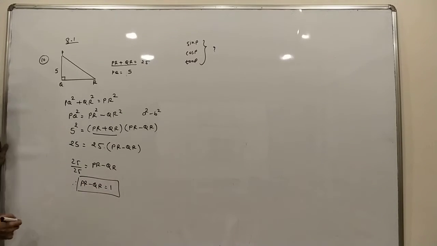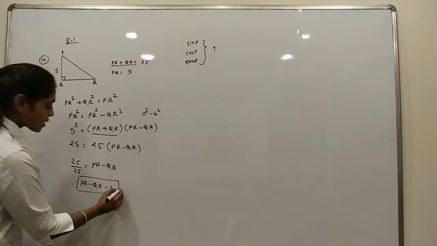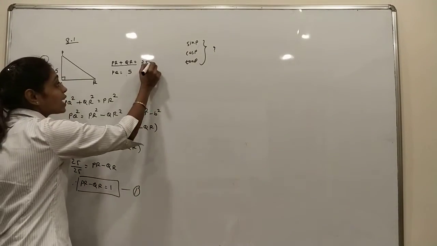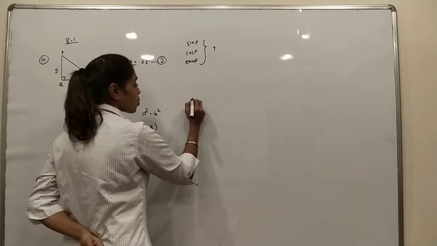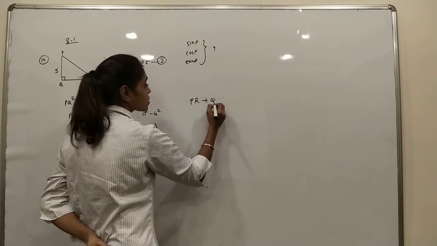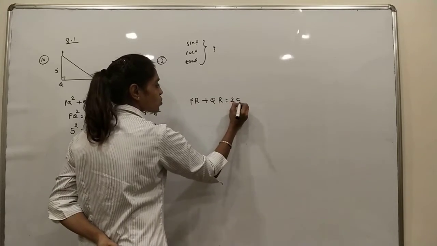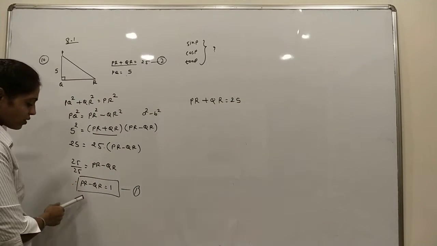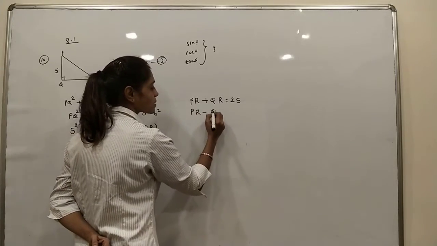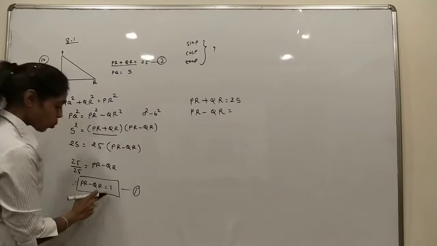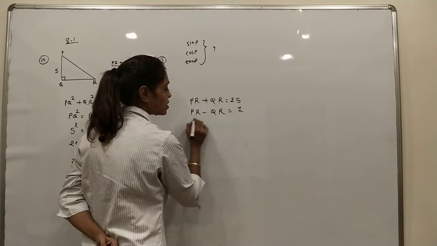This is equation 1 and the given equation is equation 2. Eliminate both the equations. So PR plus QR is 25, the addition is 25, and the subtraction PR minus QR is 1.